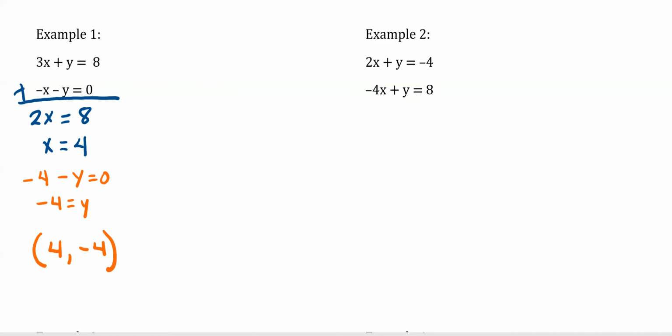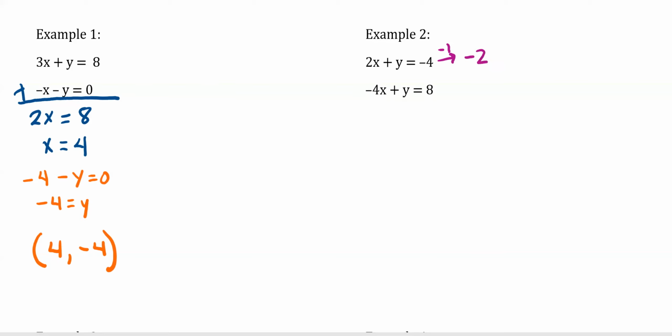Example number 2. They are written in standard form, however, they do not have an opposite coefficient. So I would suggest we multiply one of the two equations by -1 and eliminate y. So I'm going to choose to multiply the first one by -1.